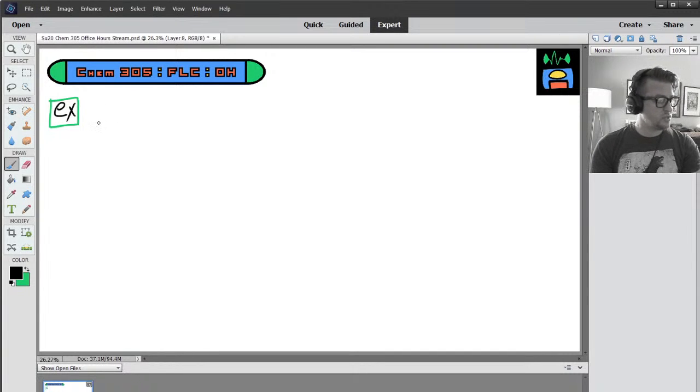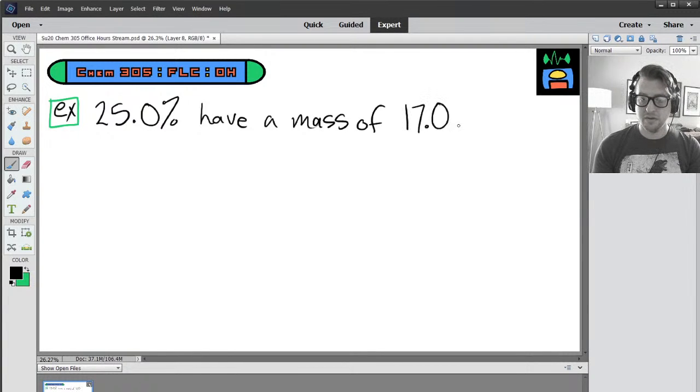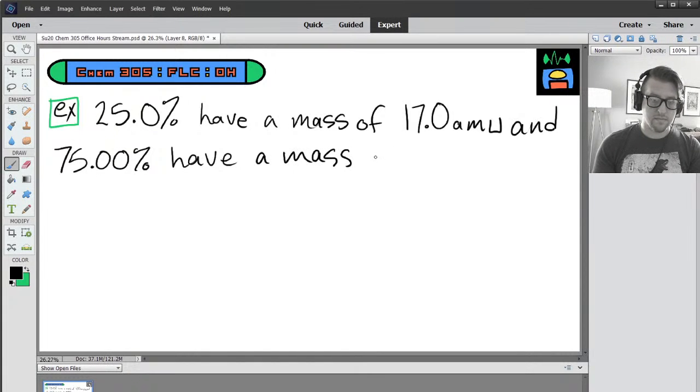It says 2 naturally occurring isotopes exist for the hypothetical element dipium. 25.0% of dipium atoms have a relative mass of 17.0 AMU, and 75.00% have a mass of 21.30 AMU.